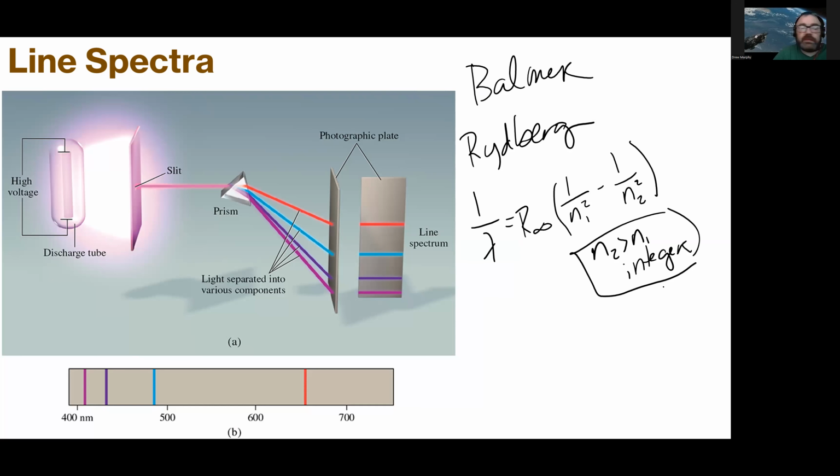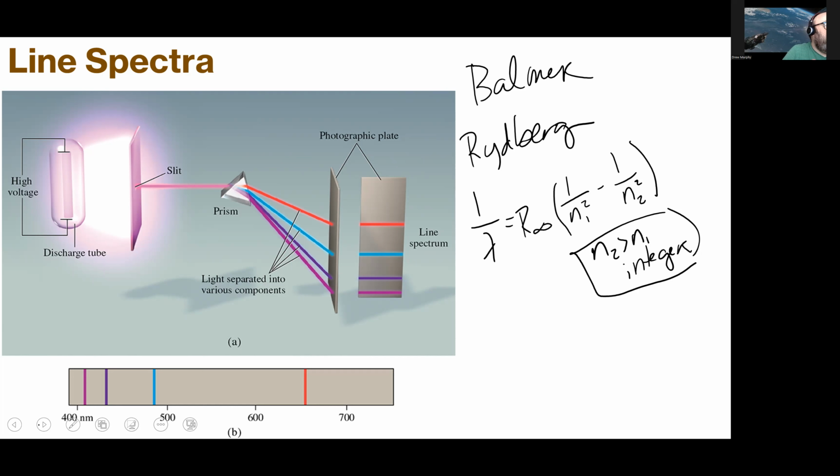This is what the Rydberg equation is telling us. The Rydberg constant is really large, 1.098 times 10 to the 7th inverse meters. This didn't really explain where the lines were coming from, but they could calculate the wavelength of the line this way.